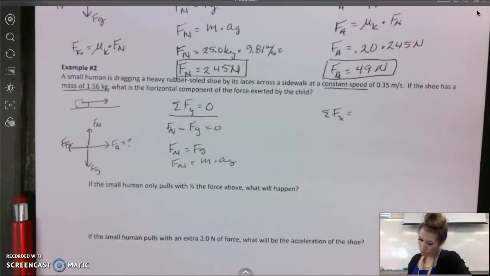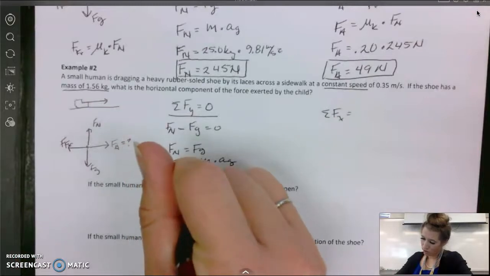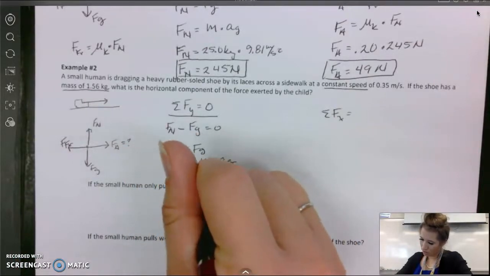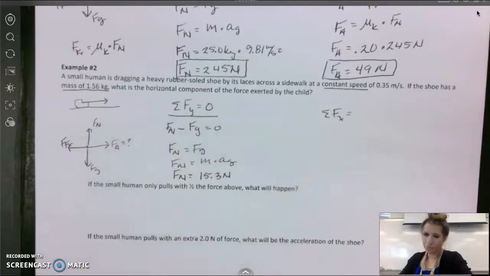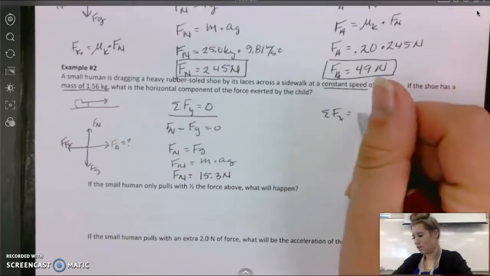So 1.56 multiplied by 9.81 gives our normal force, to 3 sig figs, 15.3 newtons. Wonderful. Now we know the normal force, so we can plug it in when we need to.